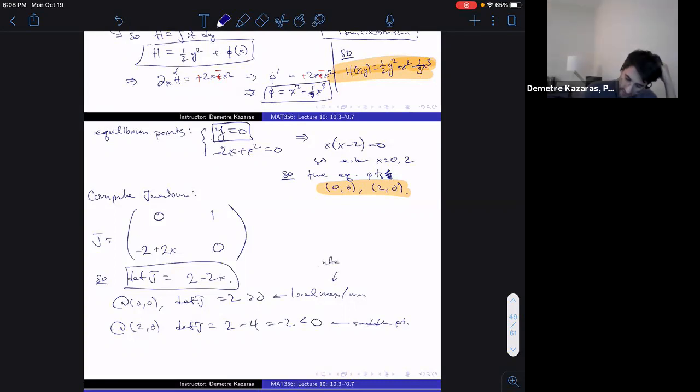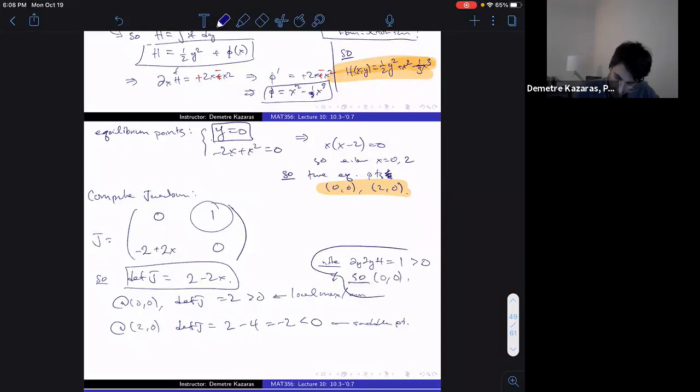So just notice partial y of h is 1. That's that entry up here in the upper right. That's the pure y second derivative of h. 1 is positive, so the second derivative is positive in both directions at the origin. So that means we got a minimum, so this critical point, 0, 0, is a minimum for h.